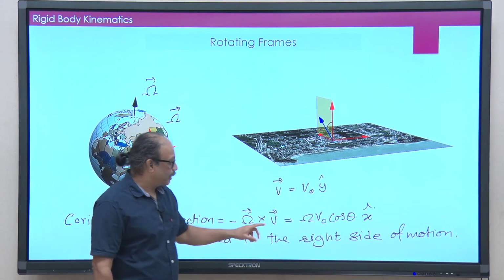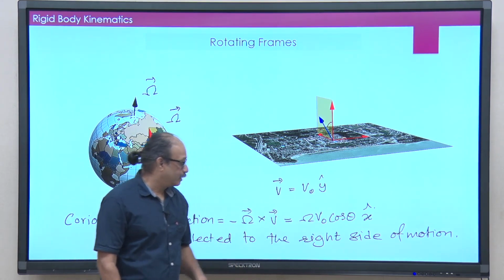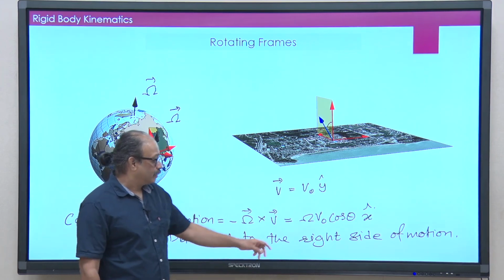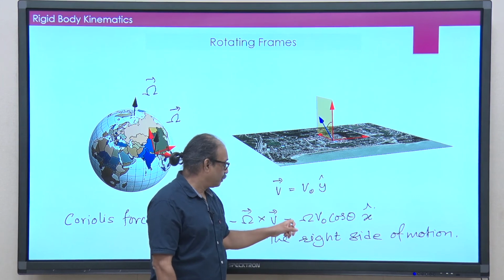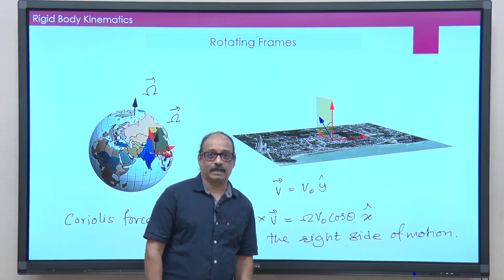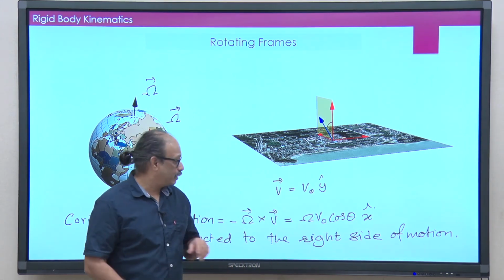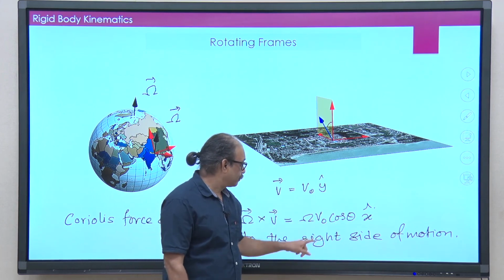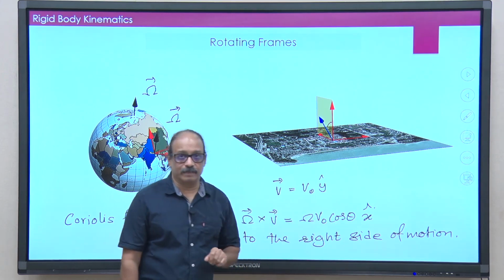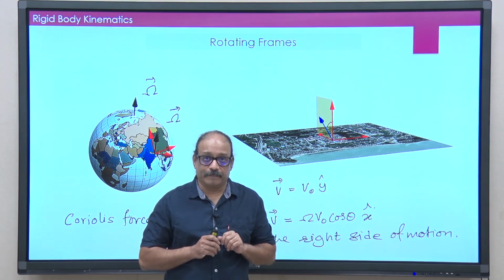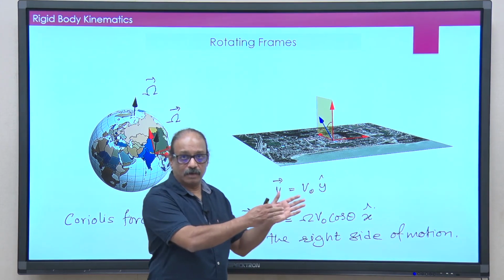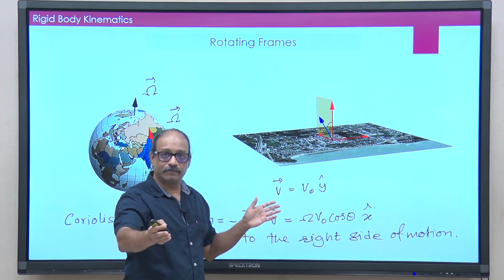It does not matter what this theta is in the north hemisphere. So, this will be omega V naught cos theta x cap. In the northern hemisphere, this number will be positive. These two are of course magnitudes, and then there is an x cap. So, the deflection as you travel towards north will be in the eastward direction.